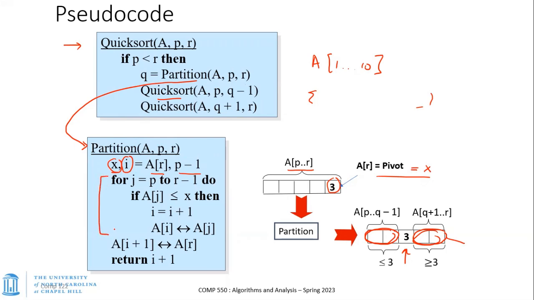To give you a quick overview, we're going to have a loop, using values I and J to parse through it, putting things which are less than the pivot on the left side, and numbers greater than the pivot on the right side. At the end, we put the pivot value right in the center, and we return the location of the pivot value, which is Q.